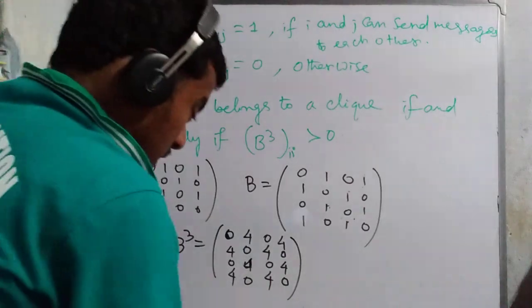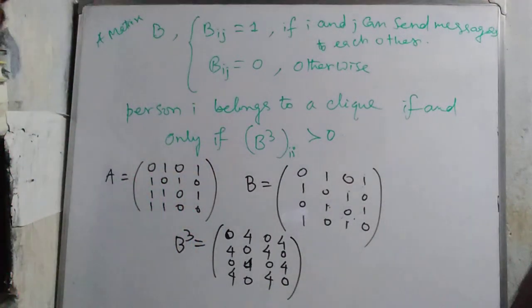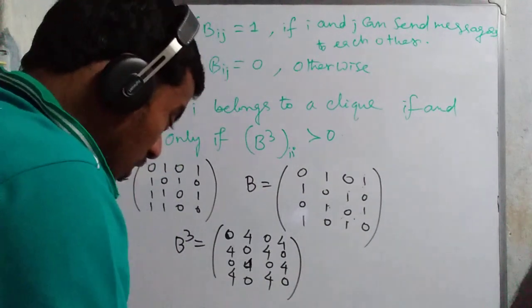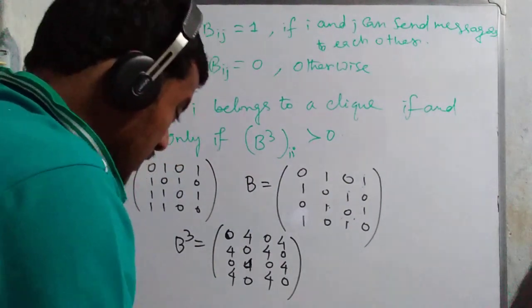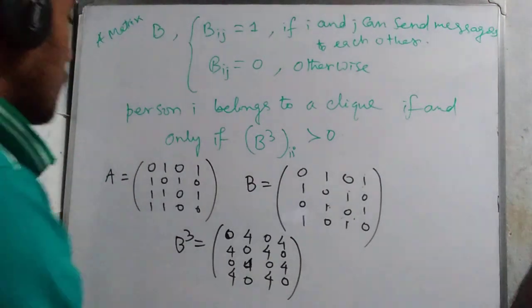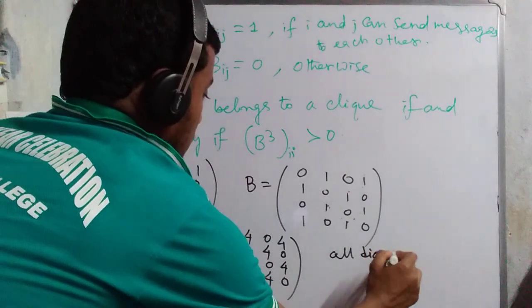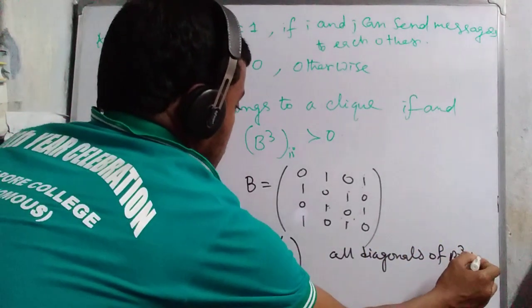In this way BQ is obtained. Since all diagonals of BQ are 0, there is no clique in this case. That means all diagonals of PQ are 0.